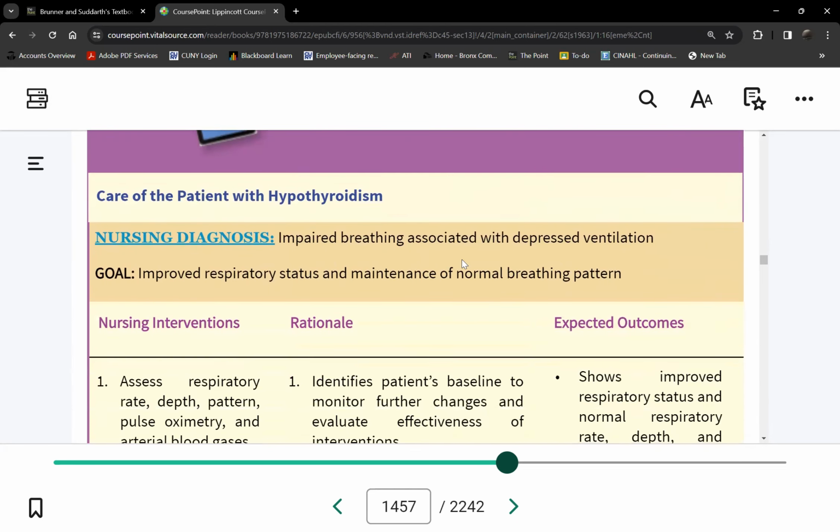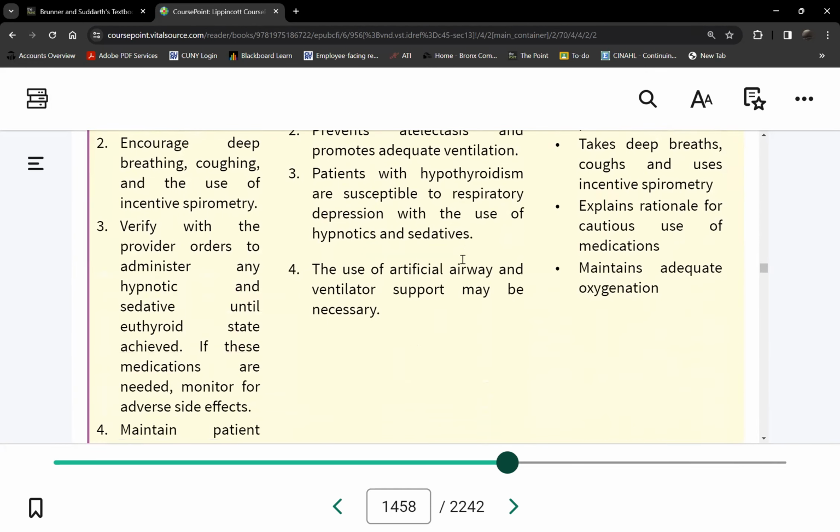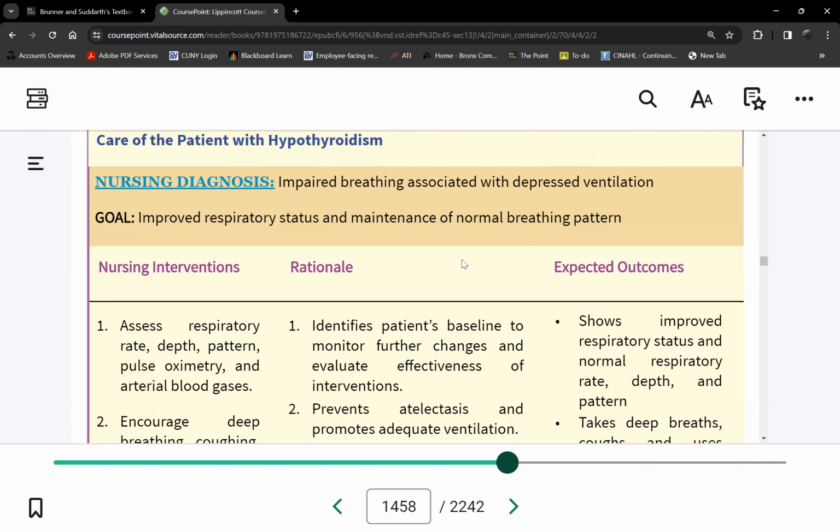So here's your summary for taking care. We have several problems here, from impaired breathing pattern. This is referring to respiratory arrest. Is the diaphragm a muscle? Yes. Can it also be weakened by hypothyroidism? Yes, although this only occurs in myxedema. So yes, they'll have dyspnea and respiratory depression.